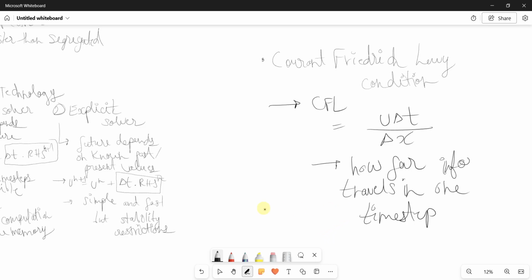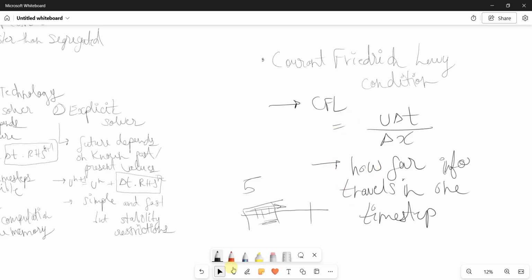So suppose I have a time step, I want to know how many meshes the information skips in one time step. So if CFL is 5, that means in one time step the information covers 5 meshes, right? So 5 mesh elements. That is technically what your CFL says.